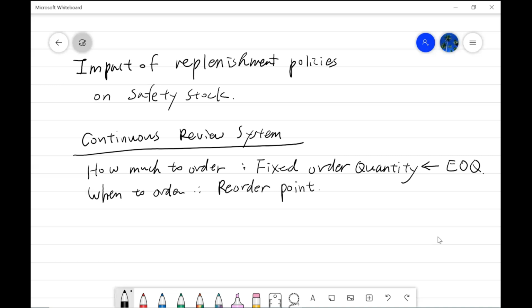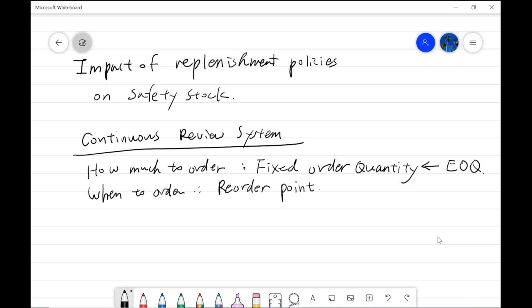So what is a reorder point? Reorder point is not about the hour or week. It's not a time. It didn't specify a time. In fact, this is about the inventory level. Let's say the reorder point is 100 units.